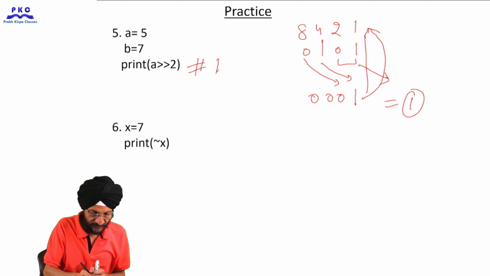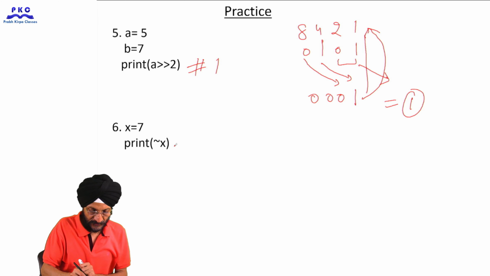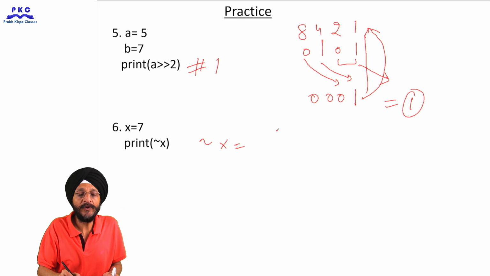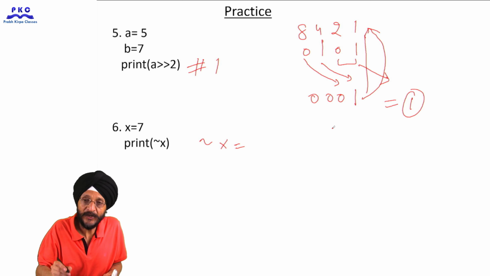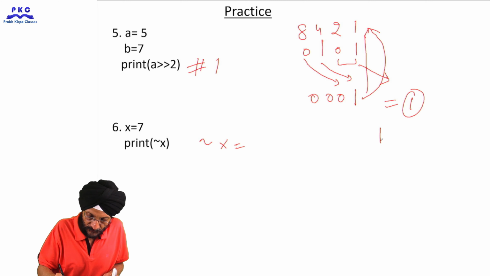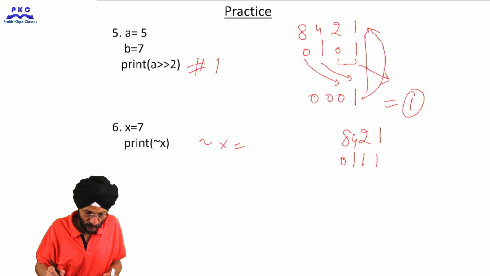So now what is given to us? X is equal to 7. Print bitwise NOT X. So what will it result in? First of all, we will convert 7 into a binary number: 1, 2, 4, 8. 4, 2, 1, 0.